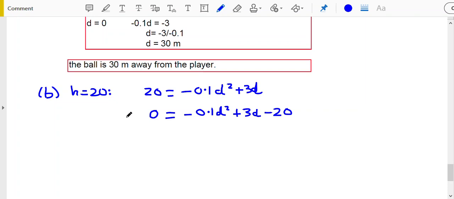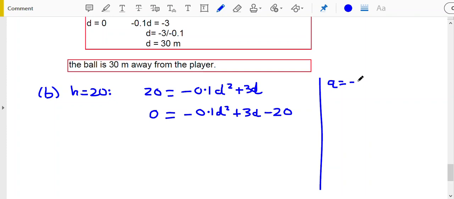Okay, so now I need to think about the only way I can solve this is to factorize it, and then I can use the null factor law. This is a non-monic quadratic trinomial, because the number in front of the squared term is something different to the number 1. It's a negative 0.1. So just on the side here, remember to do the non-monic, it's good to write down what the A and the B and the C are.